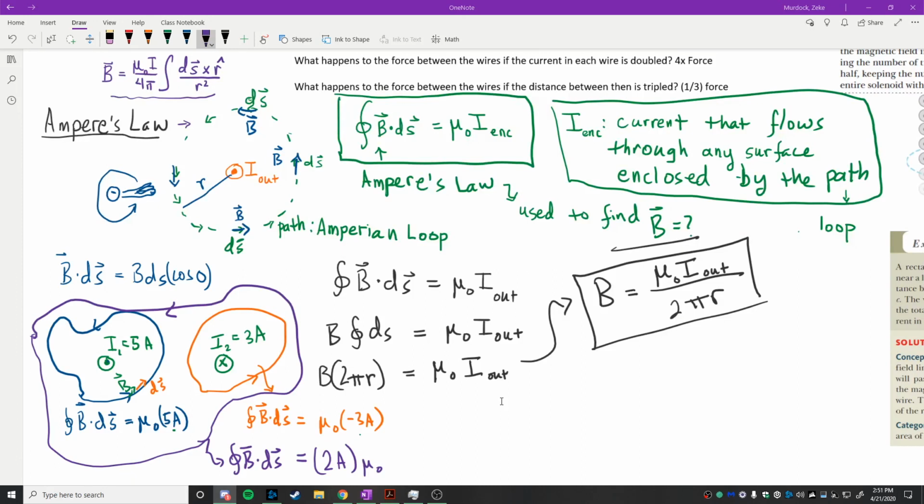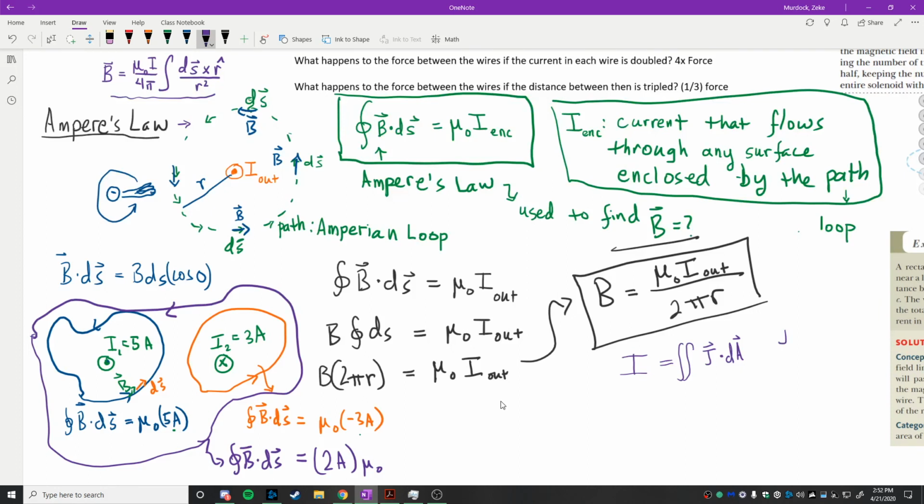All right, so there's one other form of Ampere's law, which is a little bit more complete. What that form uses is the fact that if I have current, but the current is either not uniformly flowing through a wire, or I want to find the magnetic field inside a wire, for example, then the current that flows in a wire can be found by doing an integral, and it's technically a double integral of what's called current density dot product with dA.